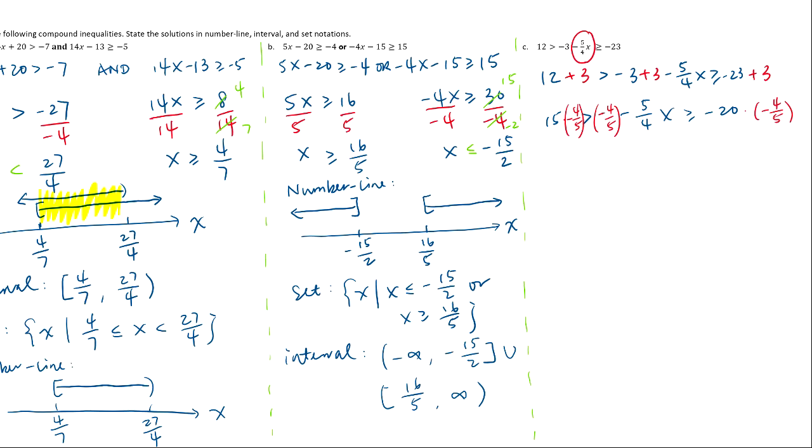As a result, in the middle, we can see the fractions cancel each other out to just leave a 1, which means it's 1x or just x. On the left side, we see that 15 and 5 can cancel each other out with a 3 on top and 1 on the bottom. So we would end up with a negative 12 over here.